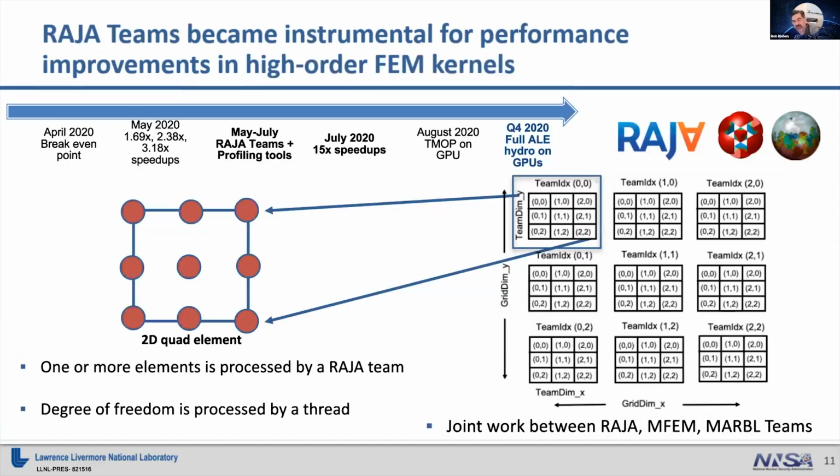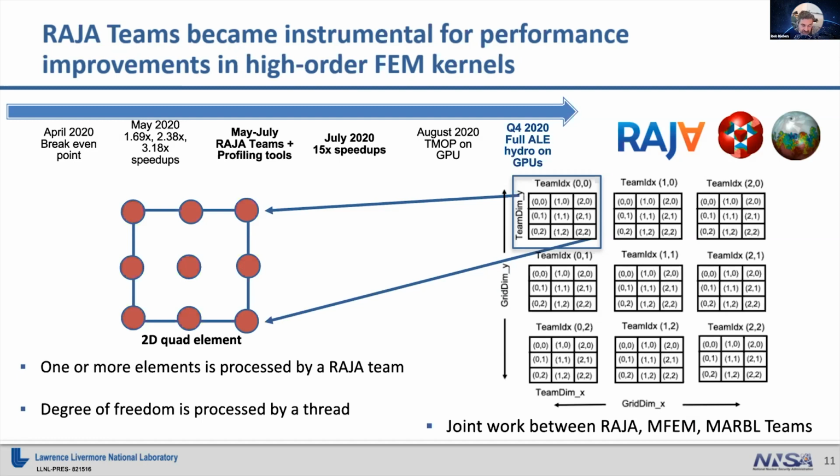So yes, because we're using higher order elements, these map very nicely onto GPU thread blocks, and Raja and this new Teams abstraction plus MFEM really enables that. I wanted to point out our porting timeline at the top here. Getting GPU performance in a code takes a lot of work.